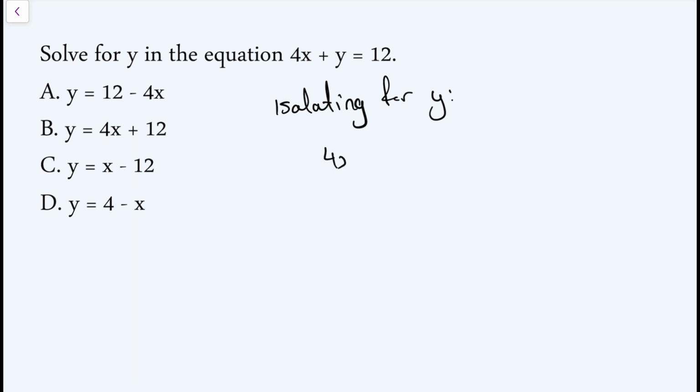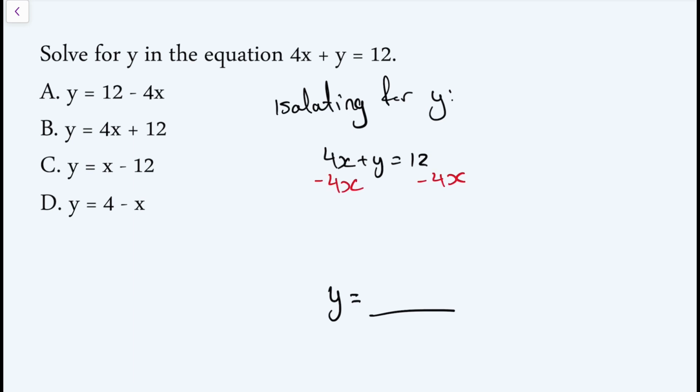So we say, okay, 4x + y = 12. Through some steps, we're going to end up with y is equal to something. Well, what are these steps? If we want to get y on its own, y needs to kick out its guest, and its guest is 4x. How do we get rid of 4x? We could subtract it out.